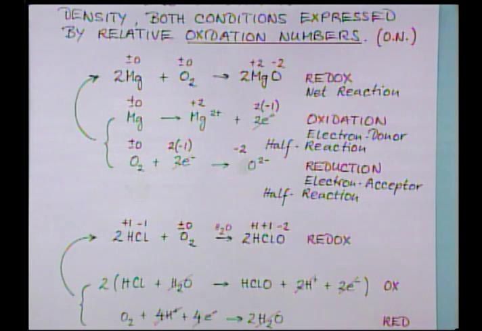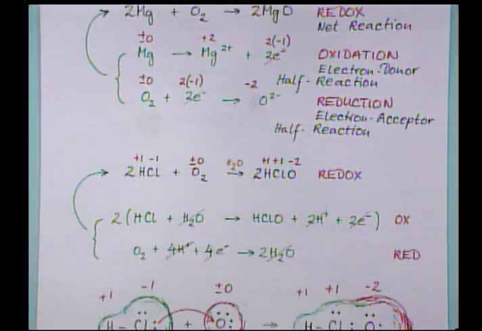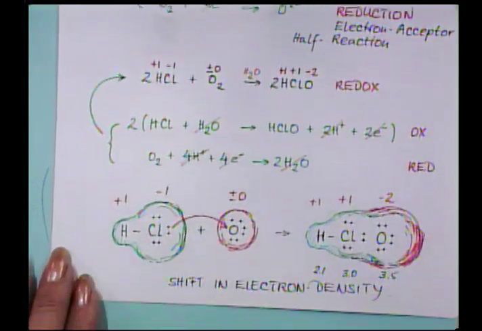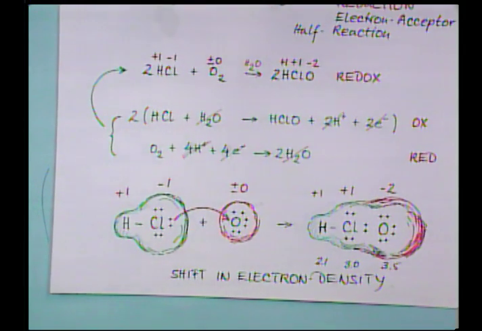So real electrons can be given off, or electron density can be shifted within the molecule. And this both means oxidation reduction, and we use numbers to indicate these changes. Whole numbers for real electron exchanges, but also when we have a shift, we also use numbers.